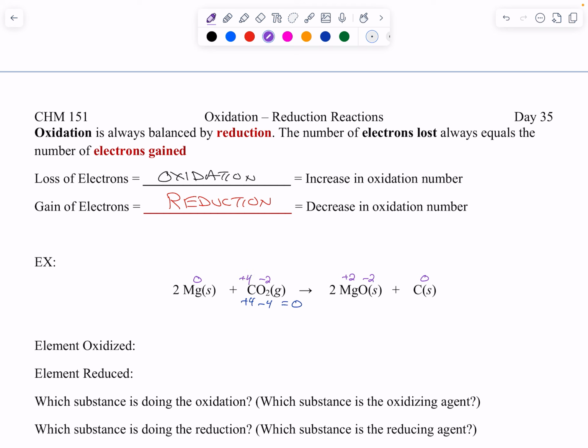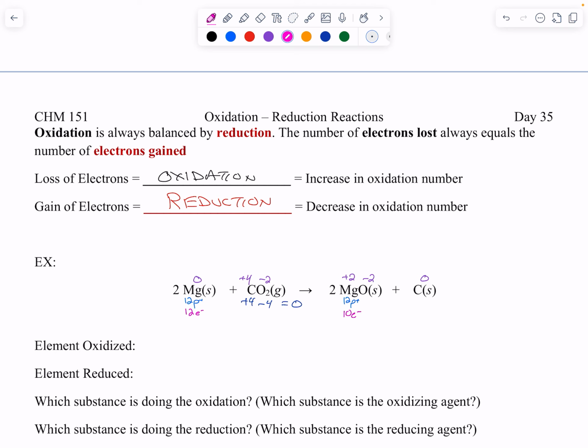All right, so who is oxidized? Who loses electrons? All right, that's a good question. And so the element oxidized, I think, would be magnesium. And if you need to do this, magnesium, 12 protons, 12 protons. Magnesium here, 12 electrons, and here, 10 electrons.